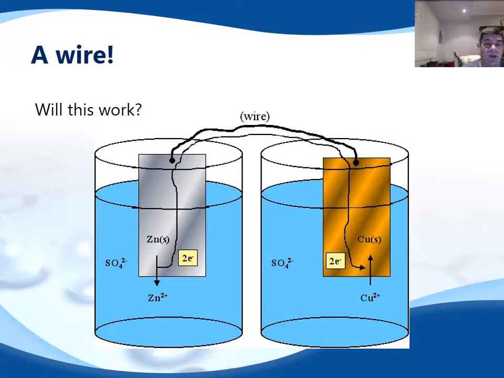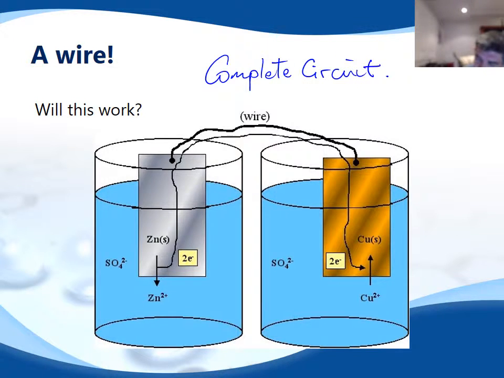Well, you should already know the answer to this question, and that is we still don't have a complete circuit, because we need a complete circuit. And in this case, this is not a complete circuit. Whilst we have a connection from the zinc to the copper, so any electrons being produced as a result of oxidation occurring in the zinc beaker, we can get the electrons across to the copper, but we have no connection coming back the other way.